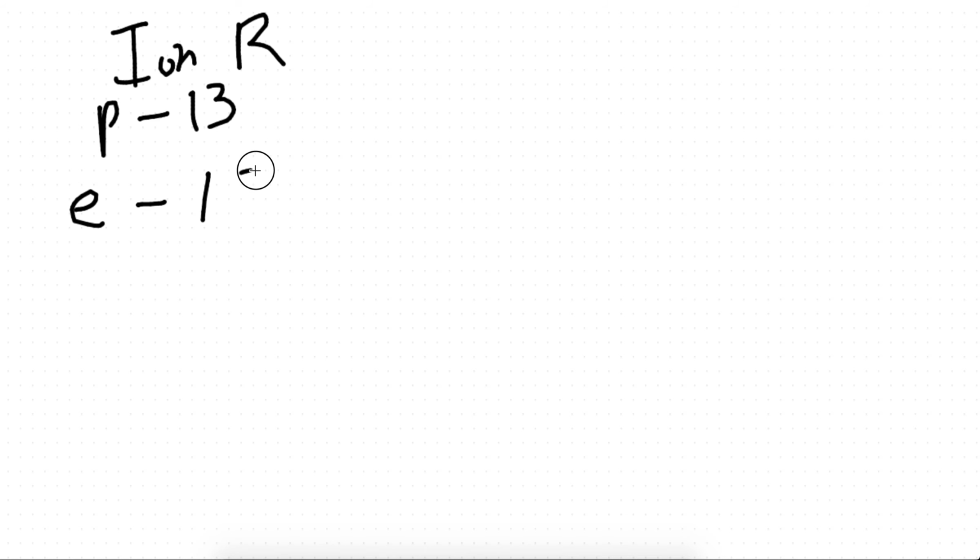An ion of element R has 13 protons and 10 electrons. So, I'll write that down. Ion R has 13 protons and 10 electrons. So, automatically I know if the proton number is 13, if it has 13 protons, this is definitely aluminium.